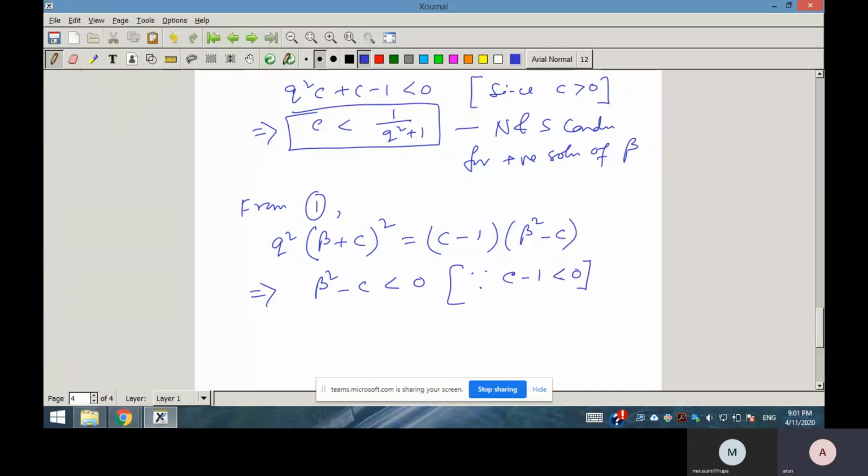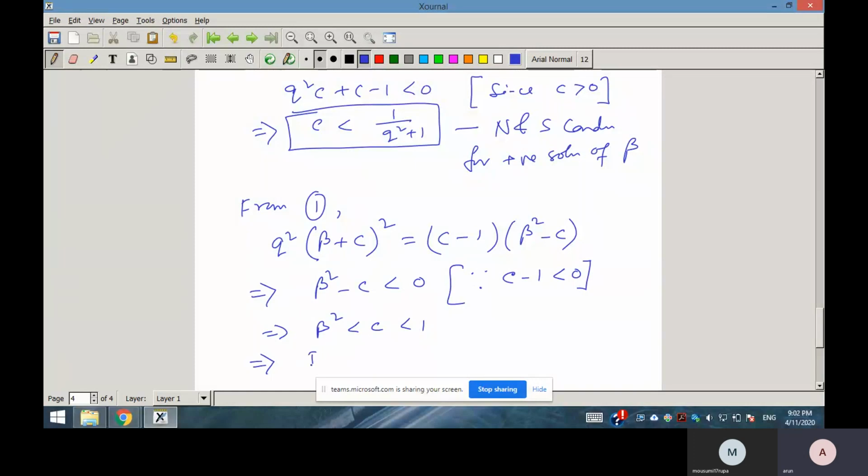So this implies beta square is less than c. Again, c is less than 1. This implies that if a positive beta exists, then, so here beta can be negative also, but if a positive beta exists, that beta will be less than 1.